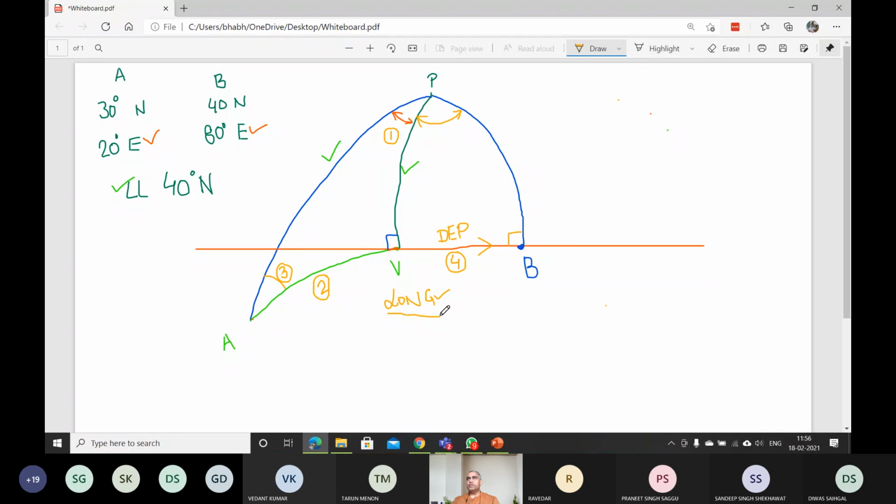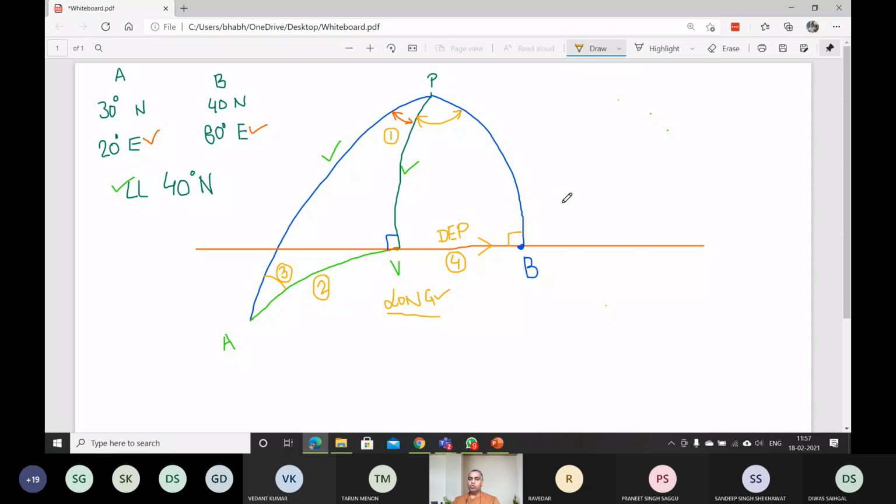Now, once the longitude of the vertex is obtained, we know whether this diagram which we have made is accurate or not, because there is a possibility that the vertex may lie outside the triangle PAB. So if it is so, immediately when you calculate the longitude of the vertex, you will come to know that the vertex has to be made outside the triangle.